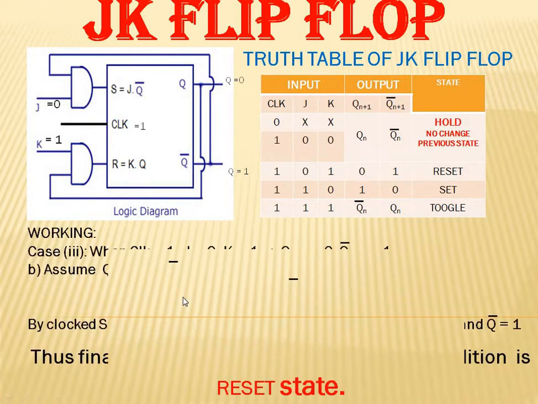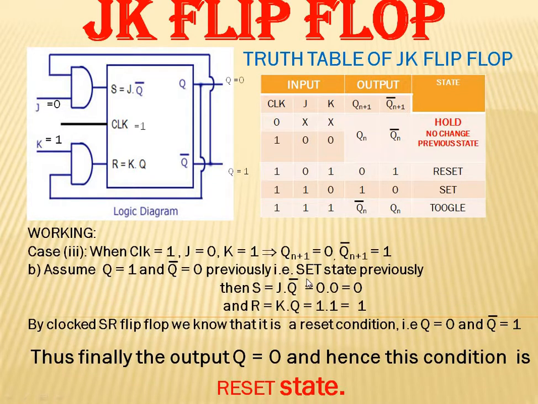Whereas in the second case, we assume the flip-flop was in set state previously. When Q is 1, Q bar is 0, S becomes 0, R becomes 1. That means when S is 0, R is 1 for a clocked SR flip-flop, it is a reset condition.